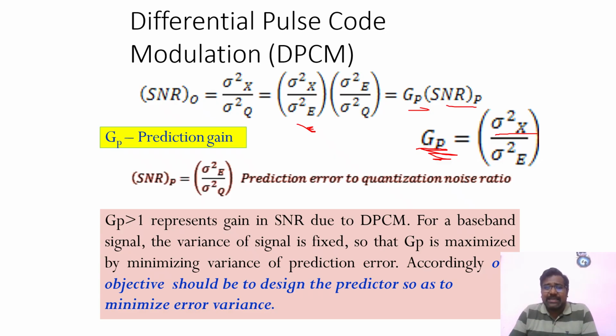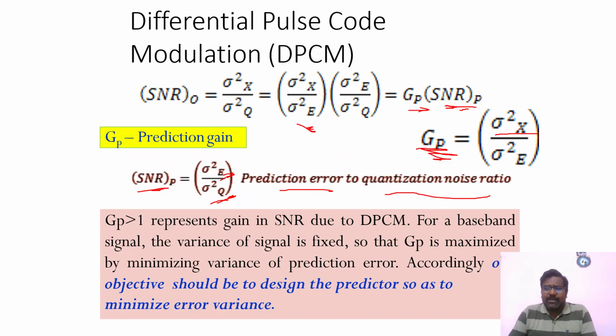So this is the prediction gain, and this is the prediction error SNR, the ratio of prediction error to quantization noise, sigma square e by sigma square q. Q means quantization, E means error.